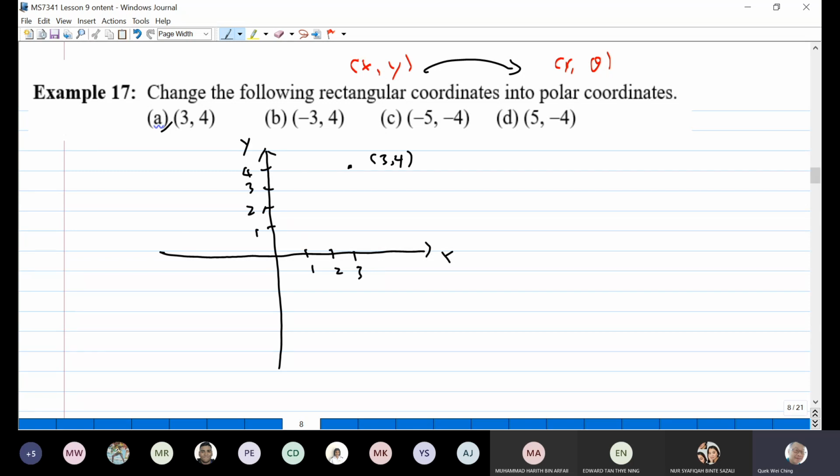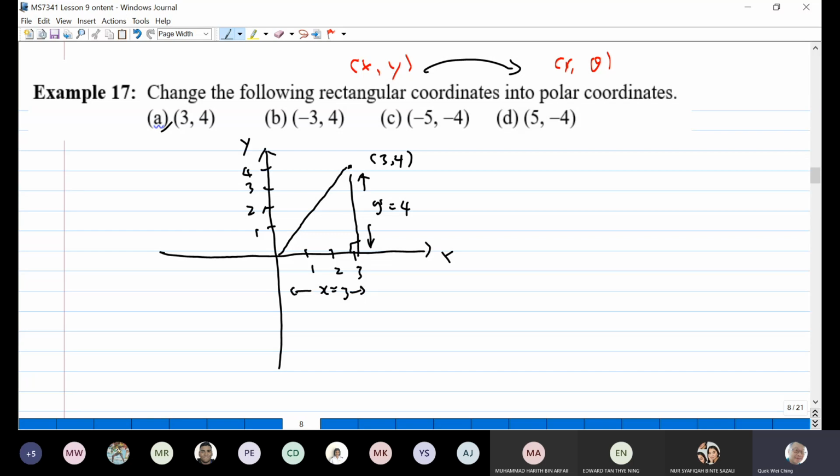Okay, that means that you join the origin and you know that this distance is y equal to 4. This distance is x here, x equal to 3. Okay, the right angle here.